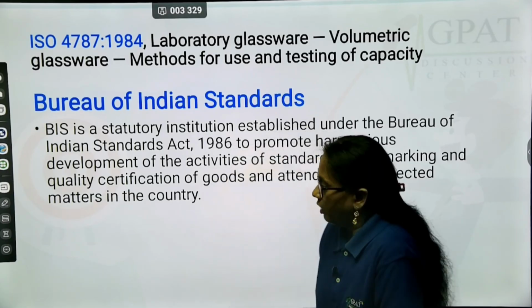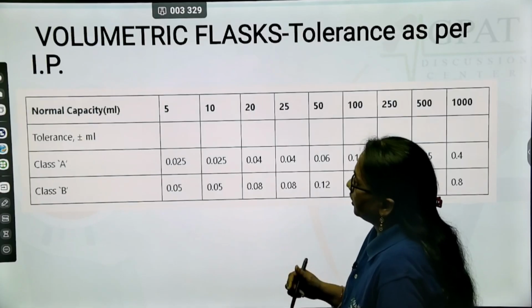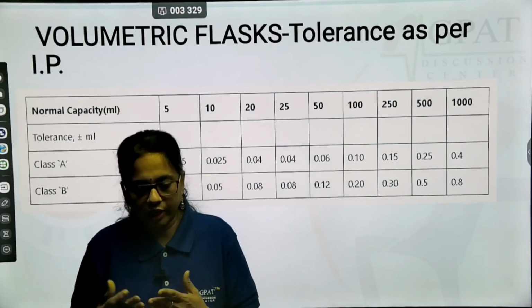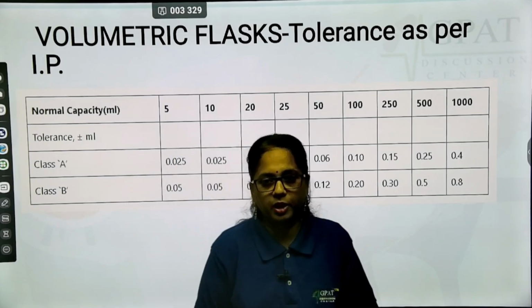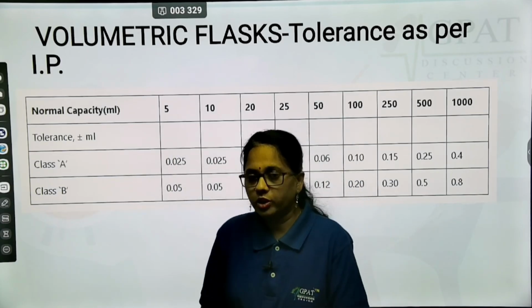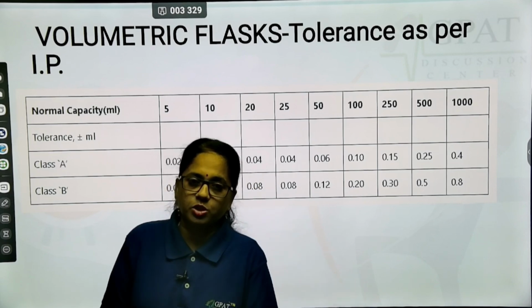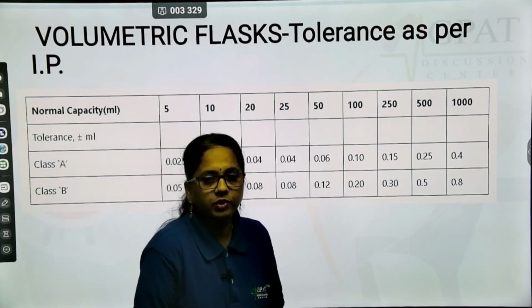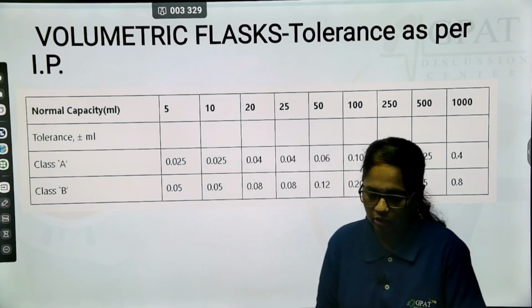And all the standards will help us in giving high quality products. So that is the main motto of this. Whether it is the calibration of glassware or any instrumental calibration we follow, all these are helpful in giving high quality products only.